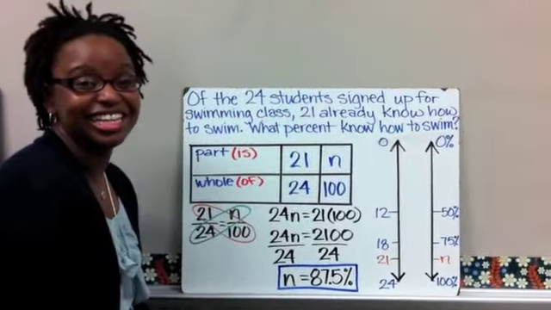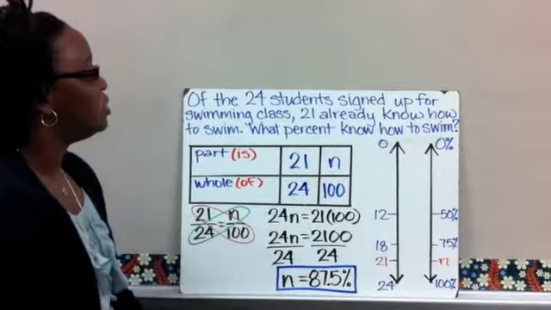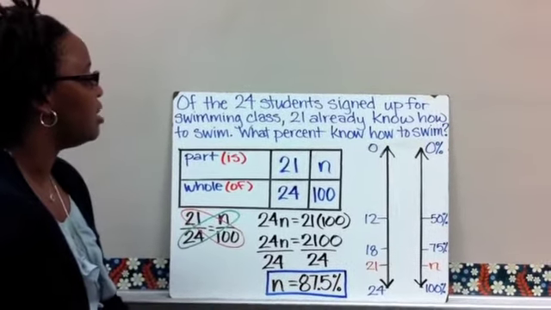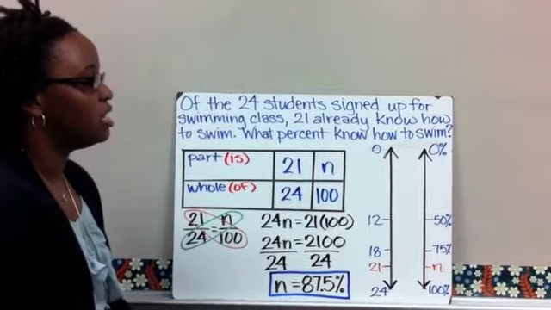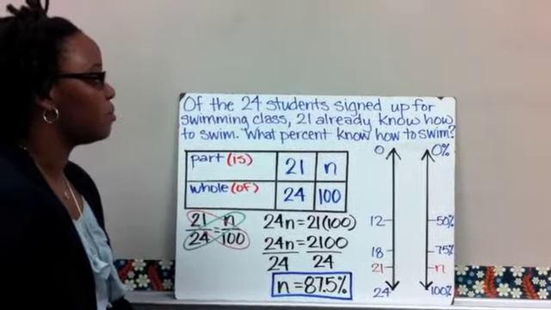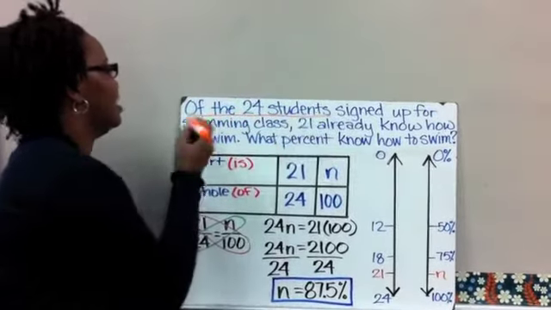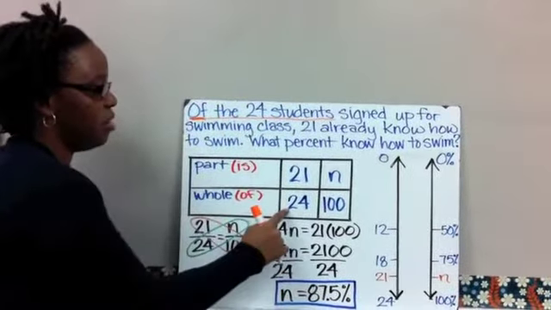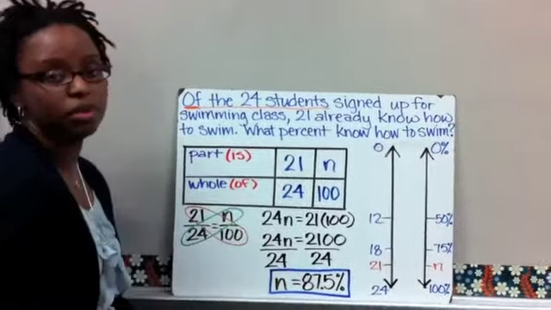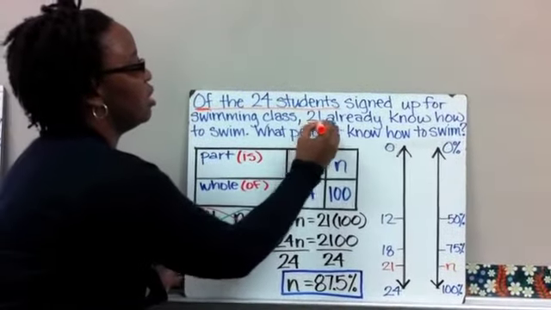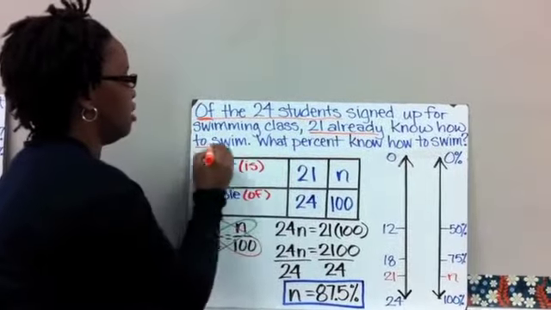All right, guys, so let's discuss the last example. Of the 24 students signed up for the swimming class, 21 already know how to swim. What percent already know how to swim? So, of the 24 students, there's our whole. There are a total of 24 students in our class. 21 already know how to swim.